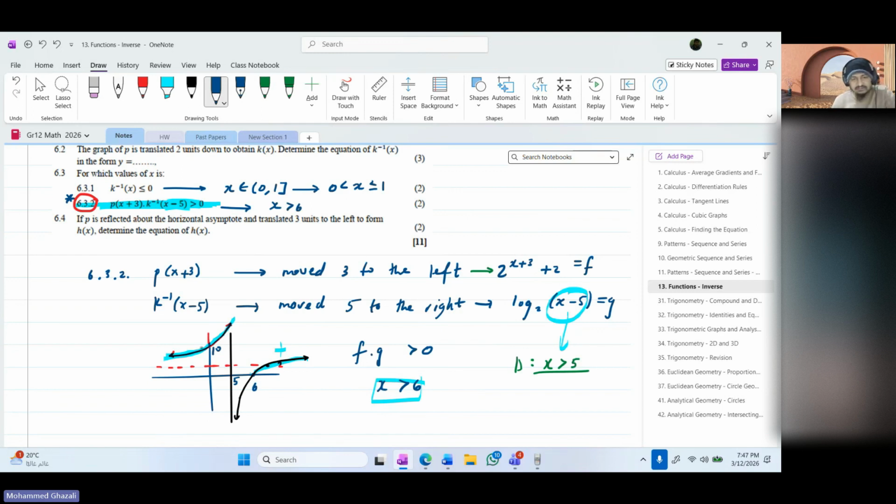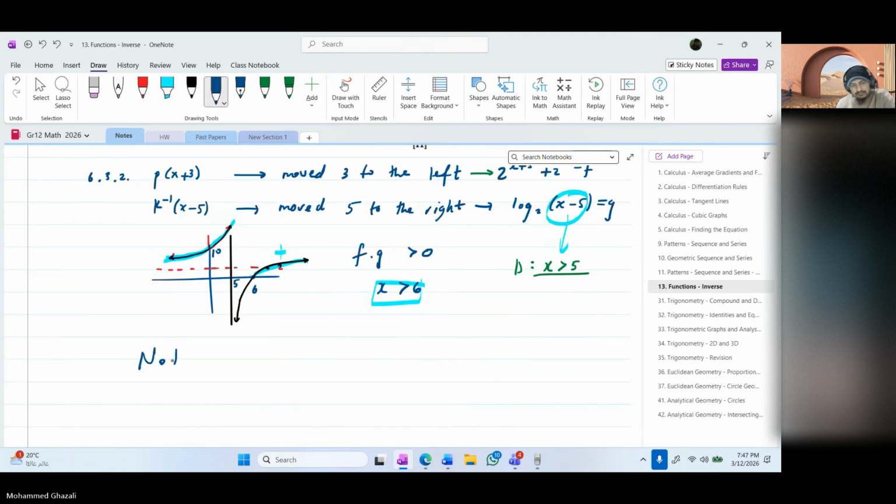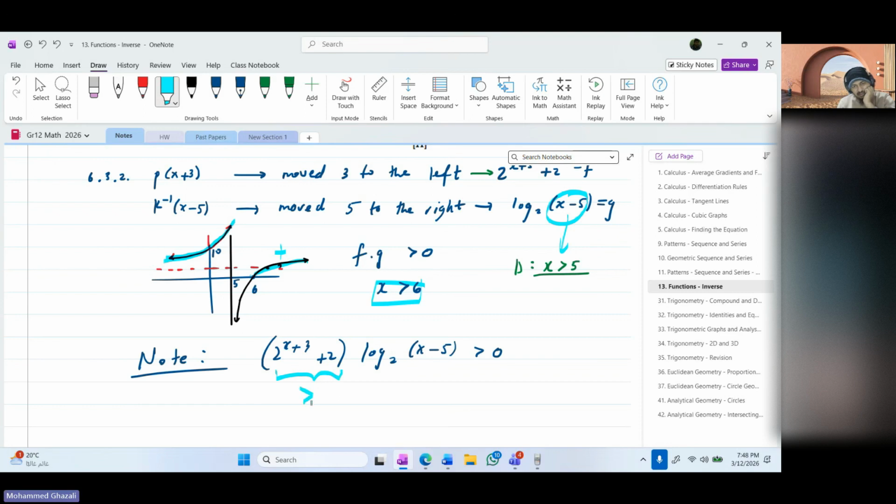Challenging problem, this. If you're going to try to solve it algebraically, remember I said f times g, so that's 2 to the power x + 3, plus 2, and g was log base 2 of (x - 5), greater than 0. It's difficult. What we can say is that this part is always positive, so forget about that.